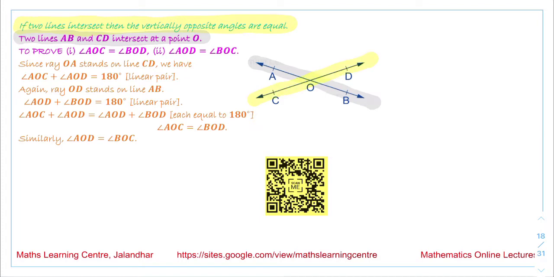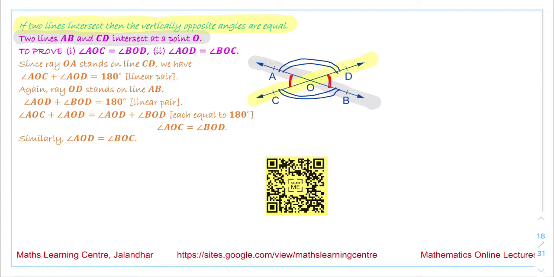They intersect at O. What we want to prove is that angle AOC is equal to angle BOD, and angle AOD is equal to angle COB. These pairs of angles are equal.